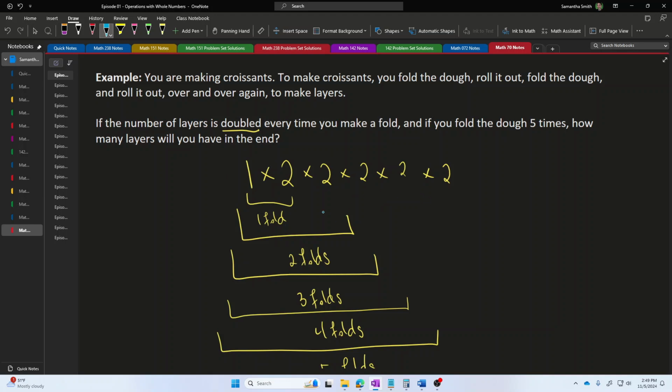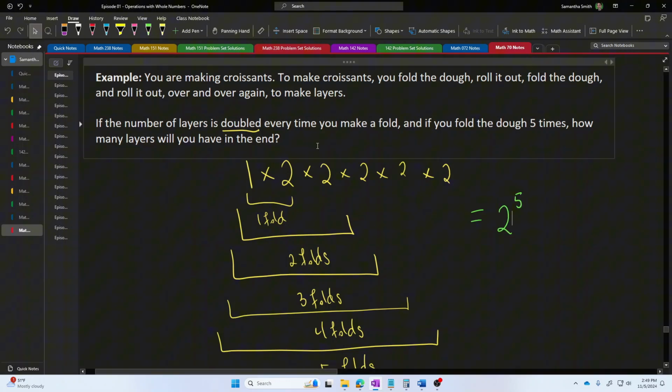Now remember that multiplying by 1 doesn't actually make a difference. If you multiply a number by 1, you get exactly the same number back that you started with. So the only thing here that really matters is the 5 copies of 2 in the back. So this is going to be the same thing as 2 to the power 5.